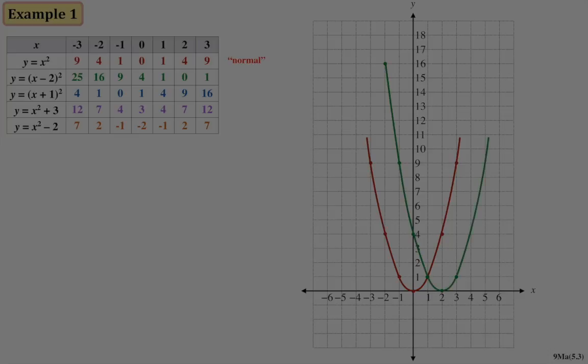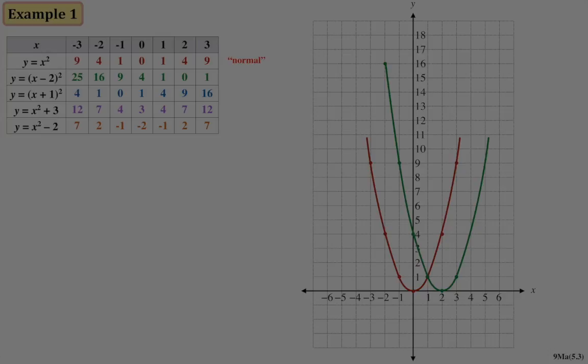Once we plot those points, look at the board right now. You notice my last point was 3 comma 1, which is that point just there. I could see the shape of my parabola, and I know the shape of a parabola. If I get to there, I'm just going to continue it up because I know it's in the same shape as the other ones, just so I get a better picture.